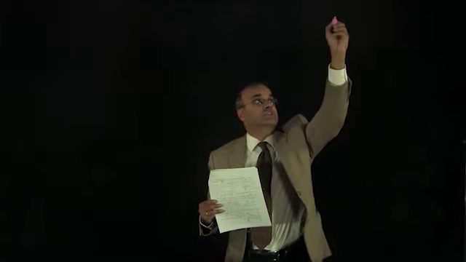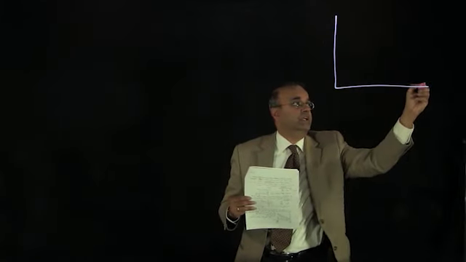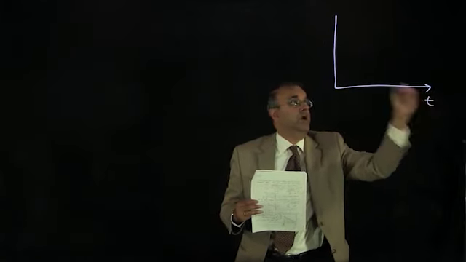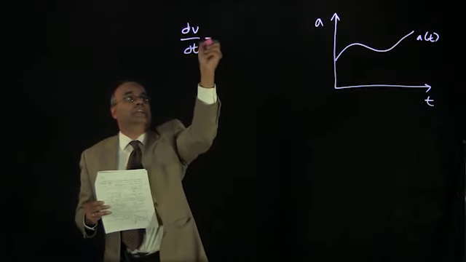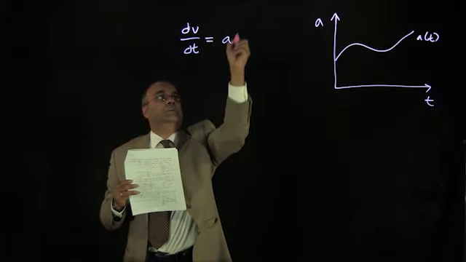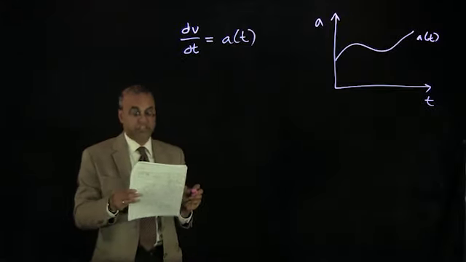So to come back to the motion of objects, we've shown that the change in velocity of an object can be written as the definite integral of the acceleration. So just to write that a little bit more formally, first with a plot, if this is my acceleration as a function of time, we know that the time derivative of the velocity is equal to the acceleration as a function of time.